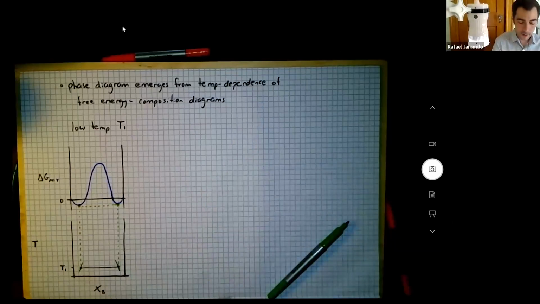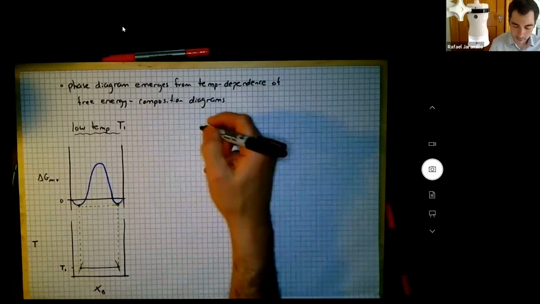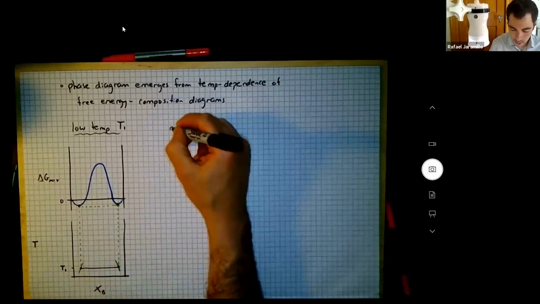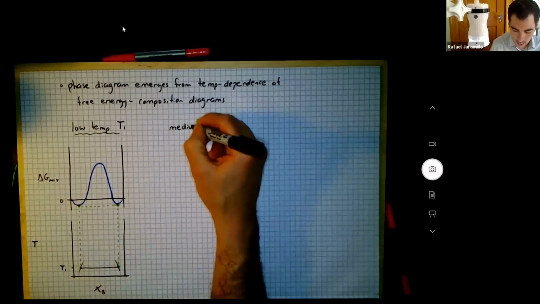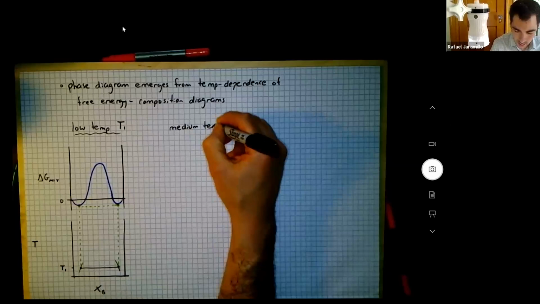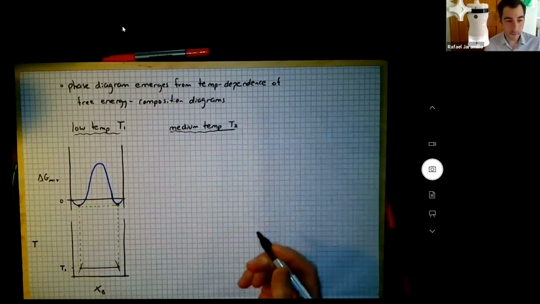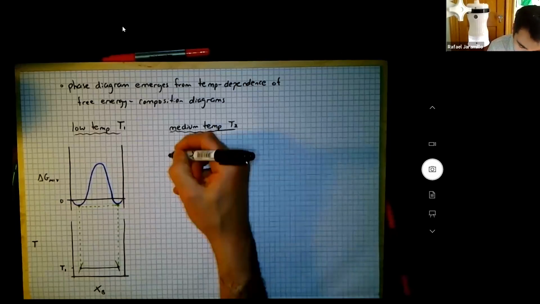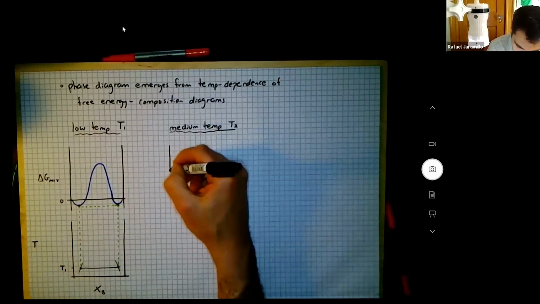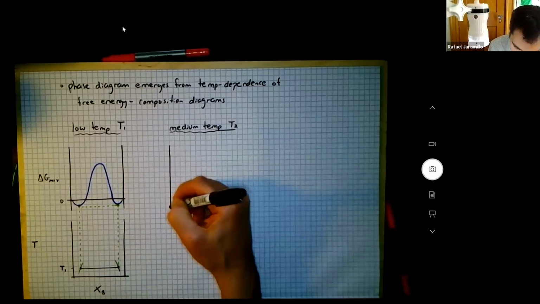What about medium temperature? As I raise the temperature, my free energy composition diagram will change. As I raise the temperature, mixing becomes more favored.